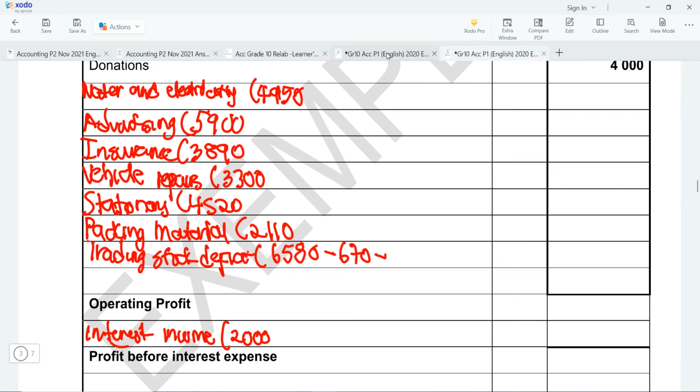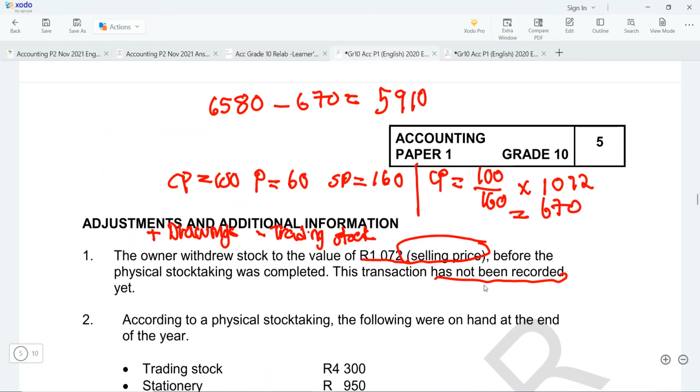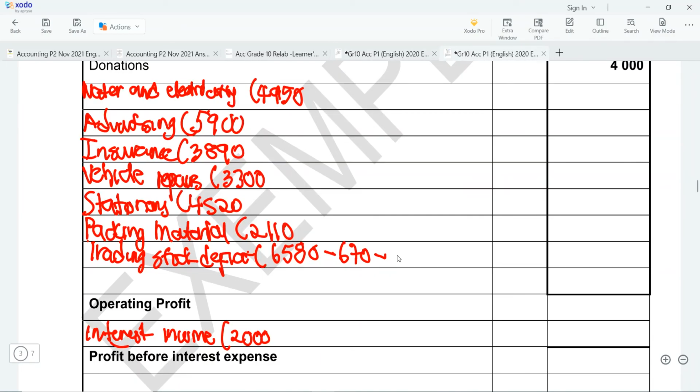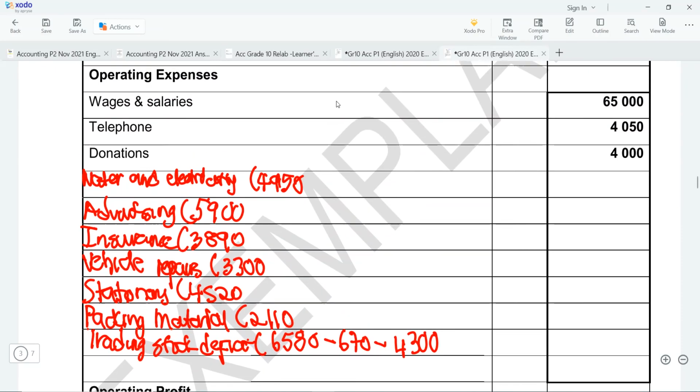If you remember here, they said the actual stock that is available is worth 4,300, so meaning that we're supposed to subtract 4,300 here. Okay, so we're subtracting this. You can see when you take this minus this, it gives you 5,910, which is less than this. So it means that you are experiencing a shortage of stock, probably because the stock was stolen. But we will do final amounts after all transactions. So let's go to the next one.